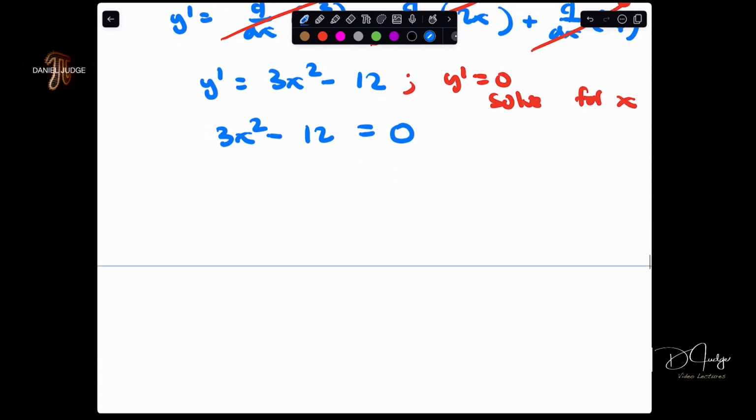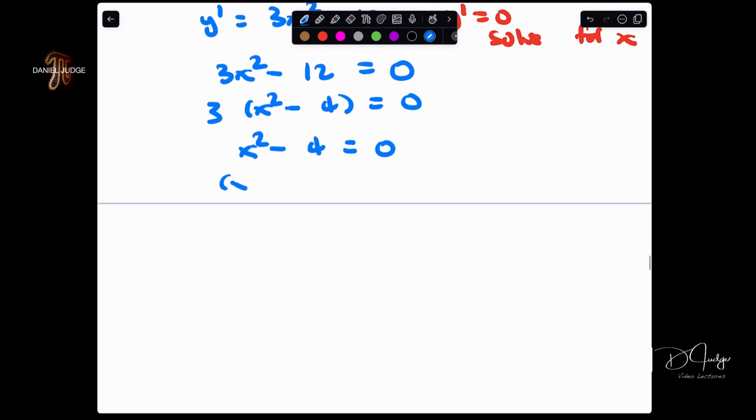All right. We can factor out the 3, the greatest common factor, and we get x squared minus 4. Now, if we divide both sides by 3, x squared minus 4 is 0. Now this is special factors. x plus 2, x minus 2 equals 0.